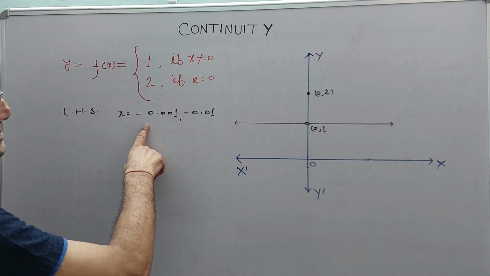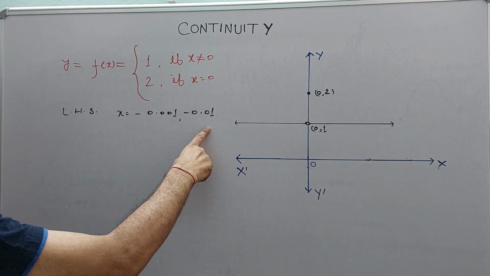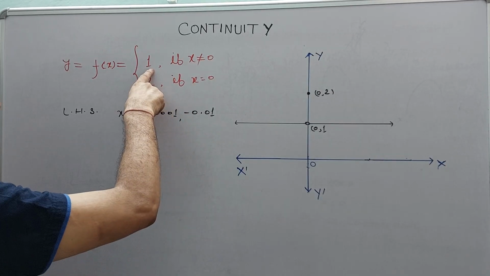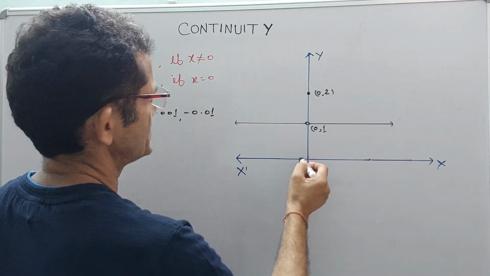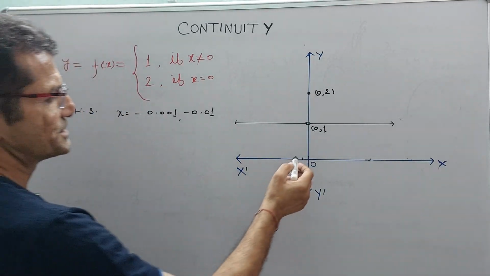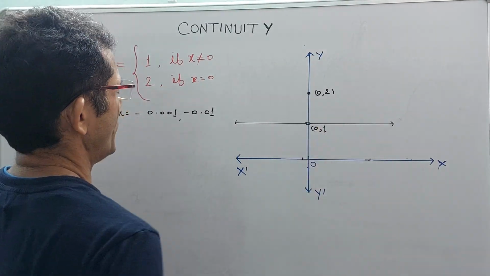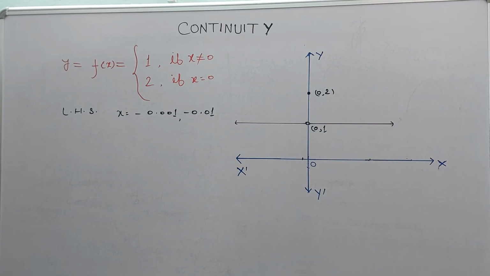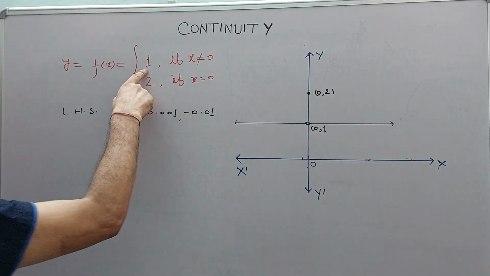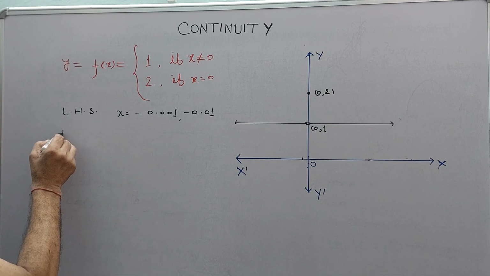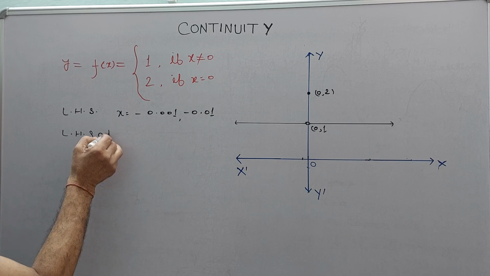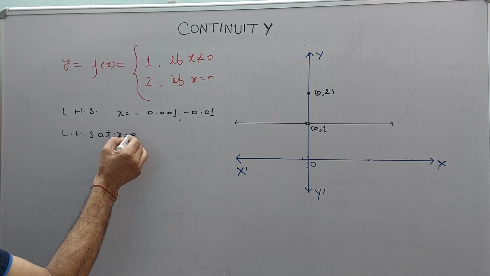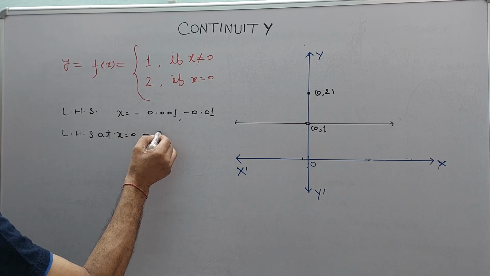They are not x equal to 0, they are non-zero values of x. The corresponding value will be 1. So like this is minus 0.01, its corresponding value is 1. So from the left-hand side our limit value is 1. In the language of limits, the left-hand limit at x equal to 0 is equal to plus 1.